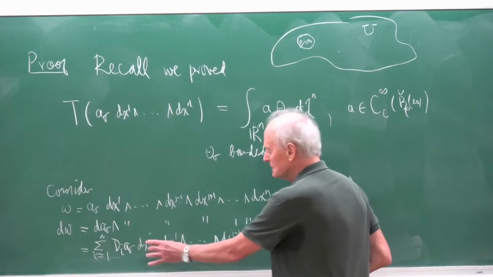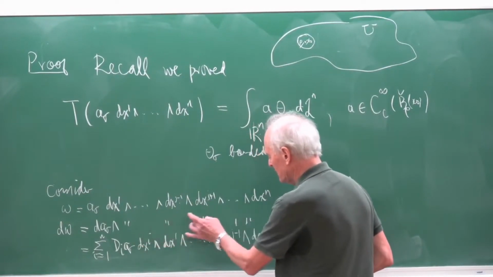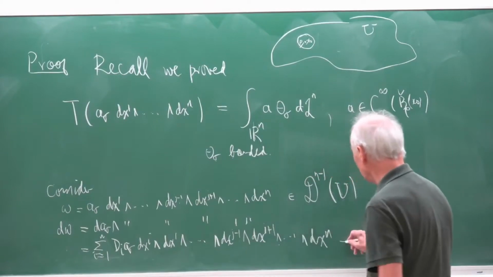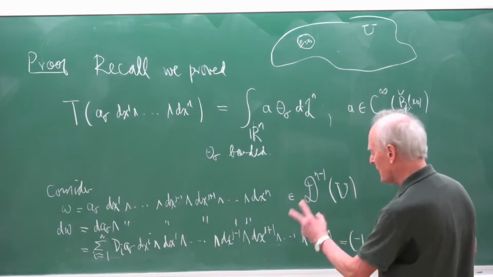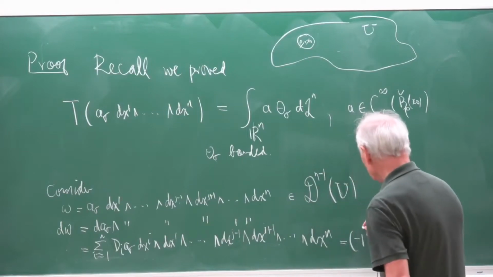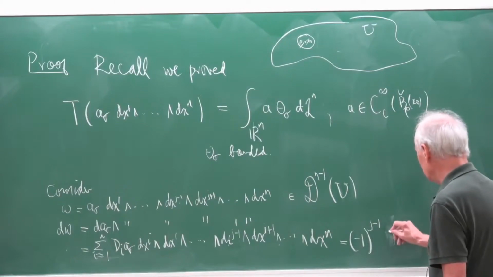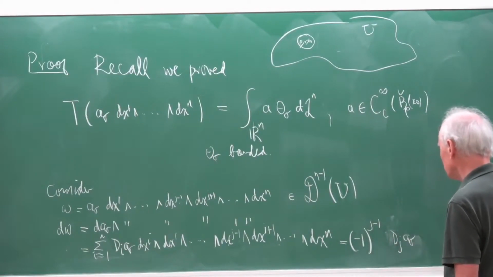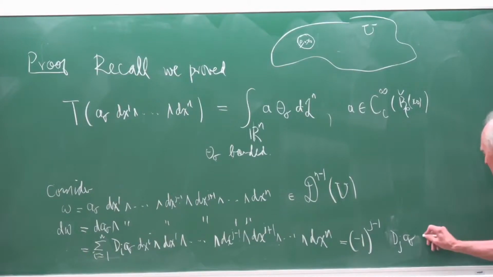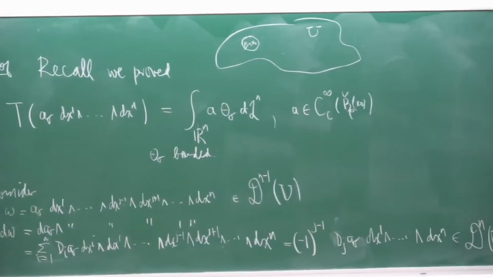If i equals j, you can move it into place with a factor of minus 1 to the j minus 1. So it's minus 1 to the j minus 1, times d_j A sigma. All the other terms are 0. You just get the jth partial times dx1 wedge up to dxn. Of course, that's d of an n minus 1 form, so as you expect, that's in D_n now. Okay, so that's what you get.